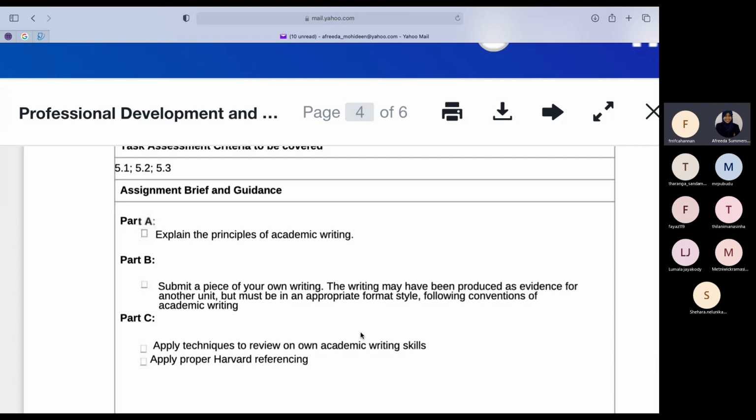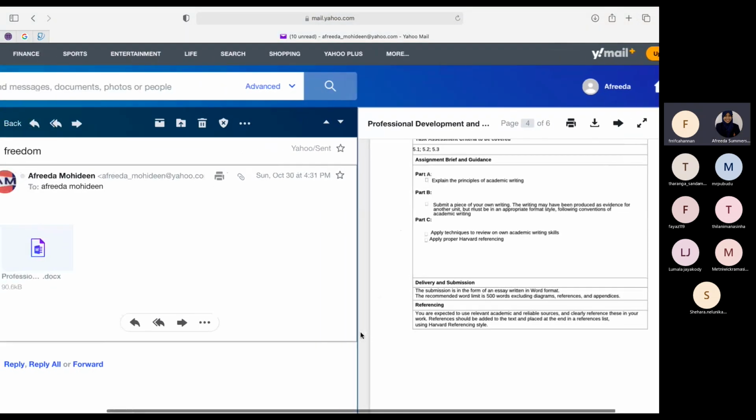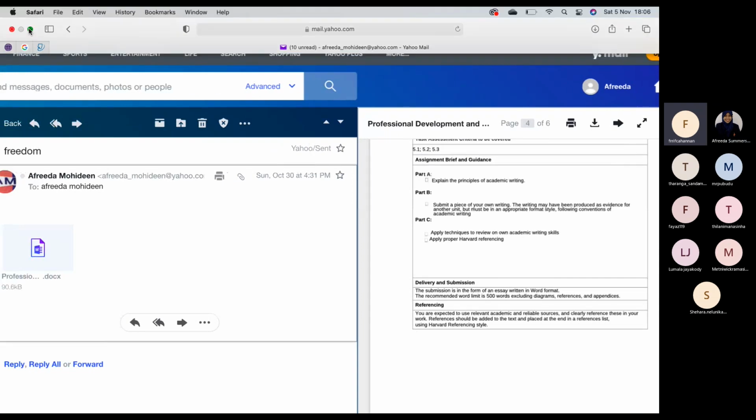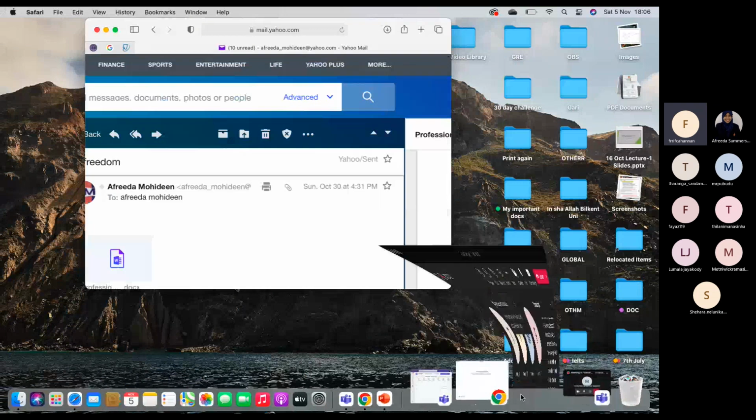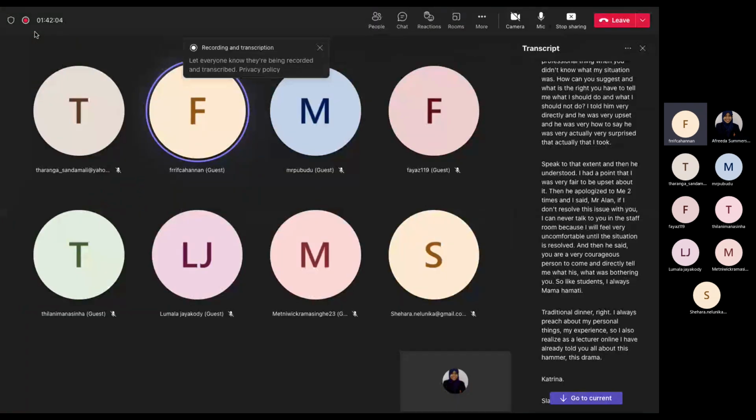Since all these three parts are of one assignment, now for the part B itself, there will be some kind of a report. Do we have to make it in a summarized way?